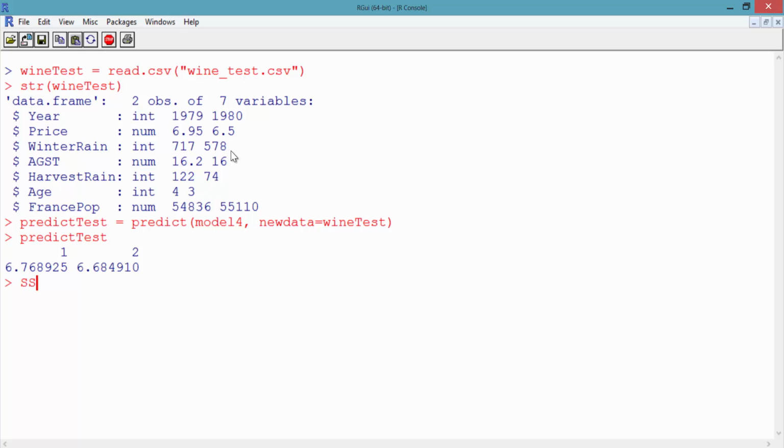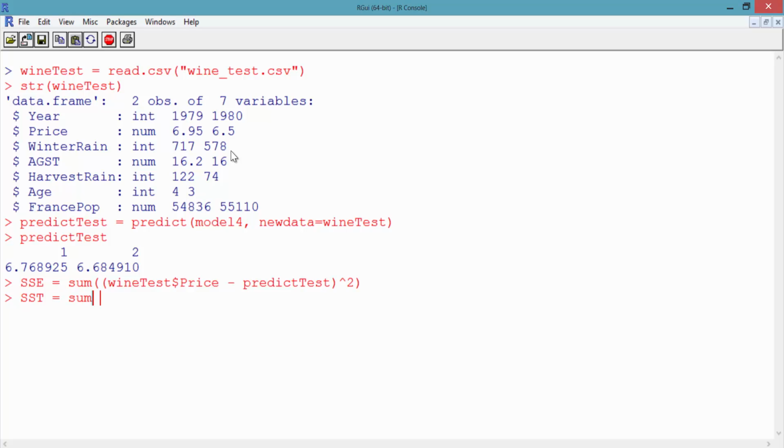We'll call it SSE, and we want to use the sum function, follow that with 2 left parentheses, and then the actual price values, wine test, price, minus our predictions, predict test. Close the first parenthesis, and then type the caret symbol and a 2 to square these, close the second parenthesis, and hit enter.